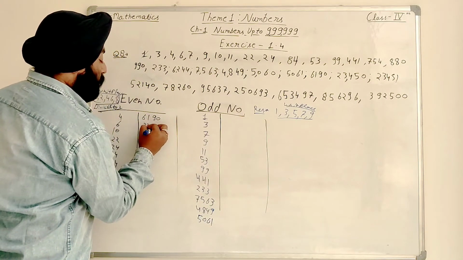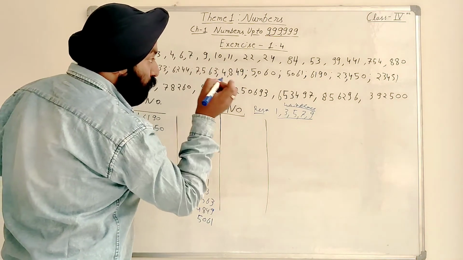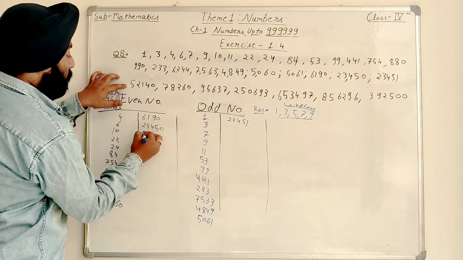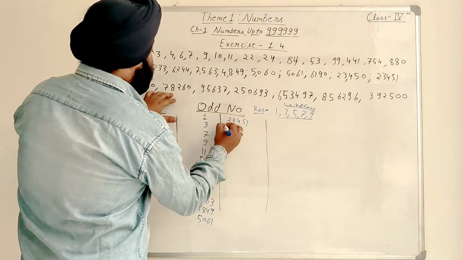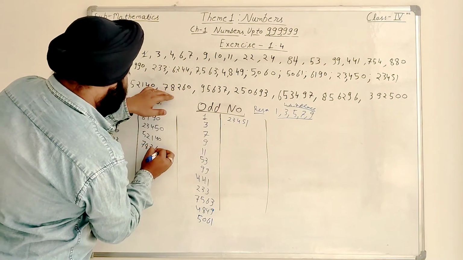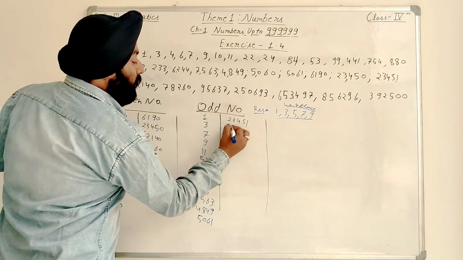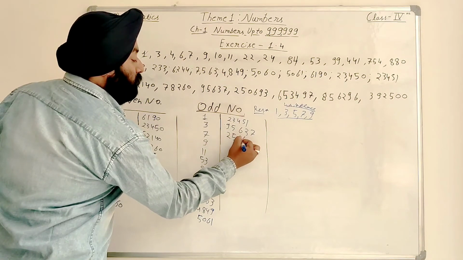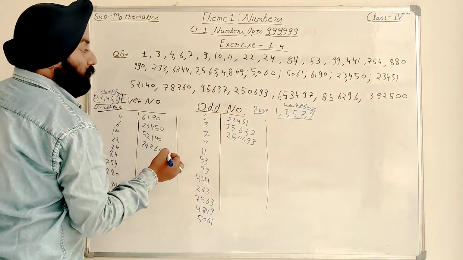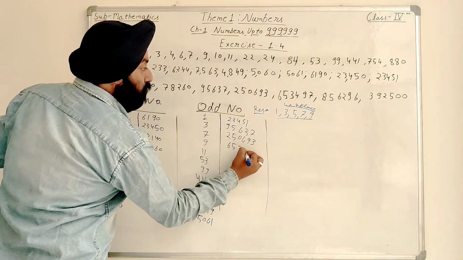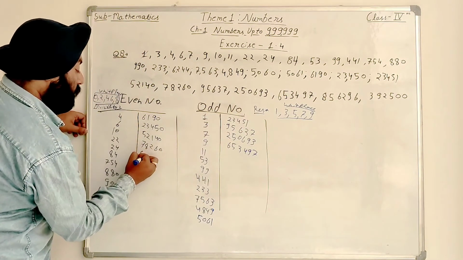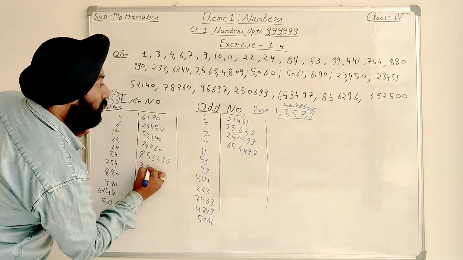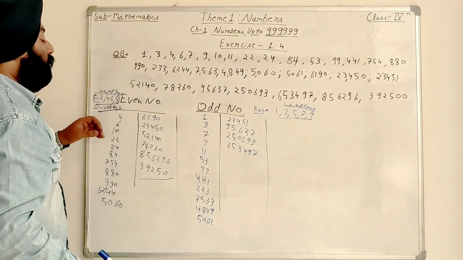23450 even. 23451 odd. 52140 even. 78260 even. 95637 odd. 250693 odd. 653497 odd. 856296 even, and 39250 is also even.